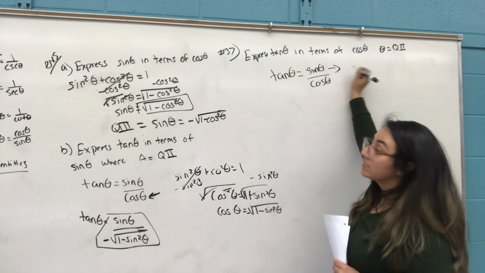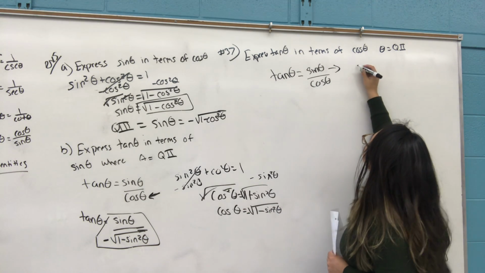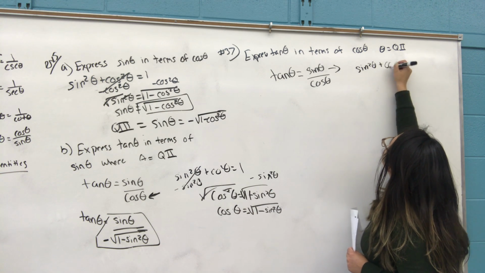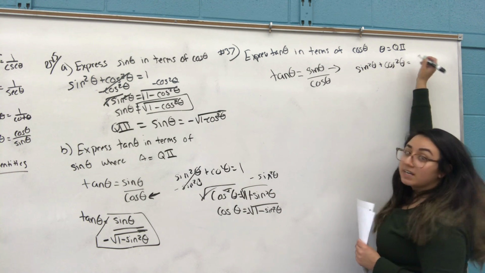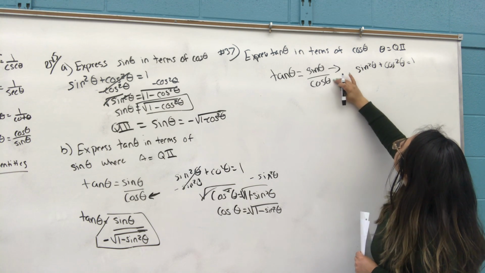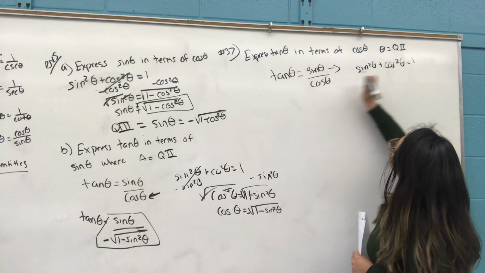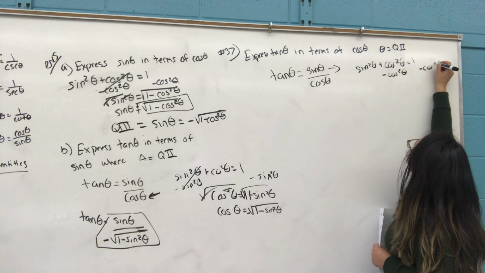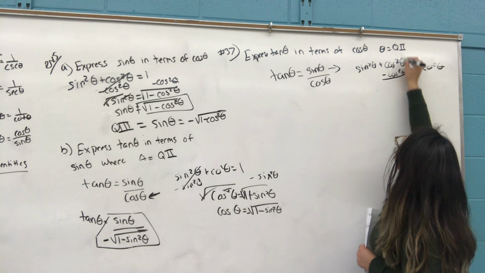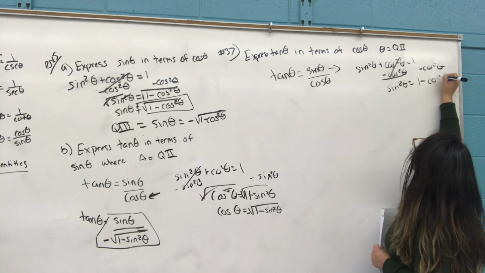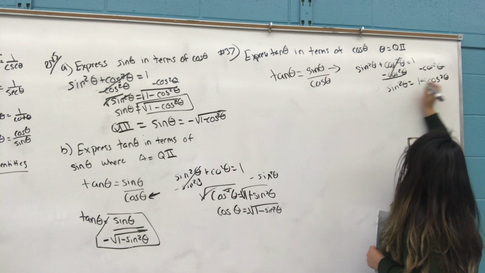We're going to have to convert this, meaning we're going to use one of the identities, sine squared plus cosine squared is equal to 1. We want it in terms of cosine, so we're going to substitute what sine is. I'm going to move this over. So sine squared is equal to 1 minus cosine squared.